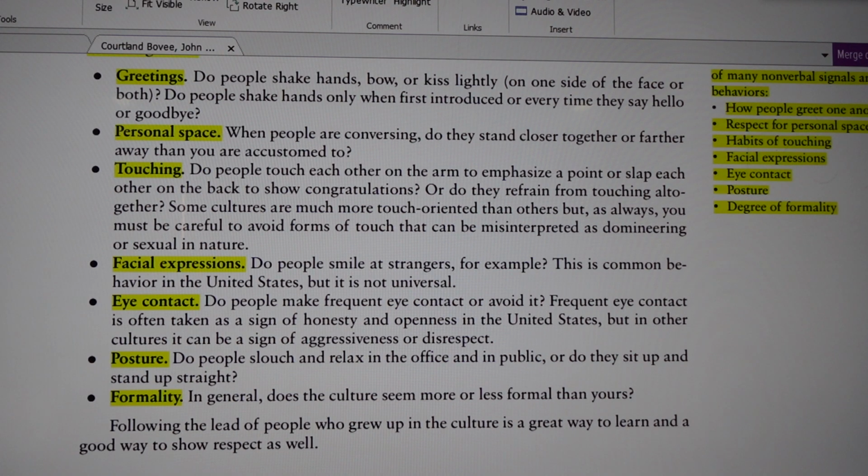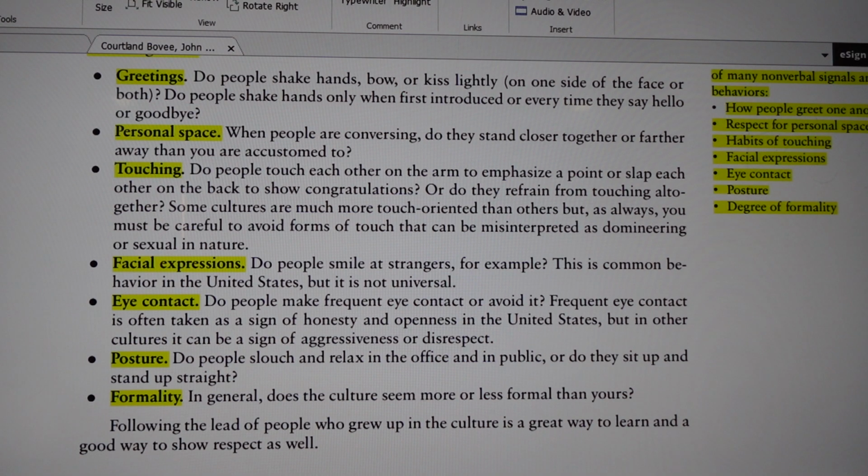Saudis, they will hug and kiss you. As I did this gesture, Angel, look at me, she was shocked.